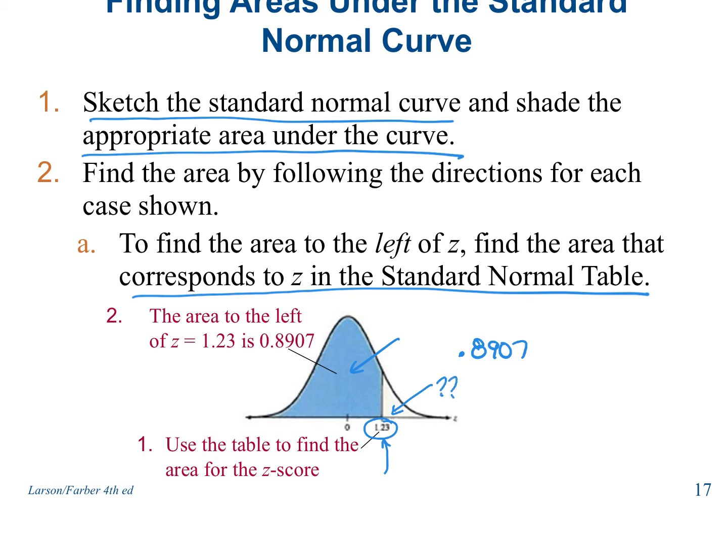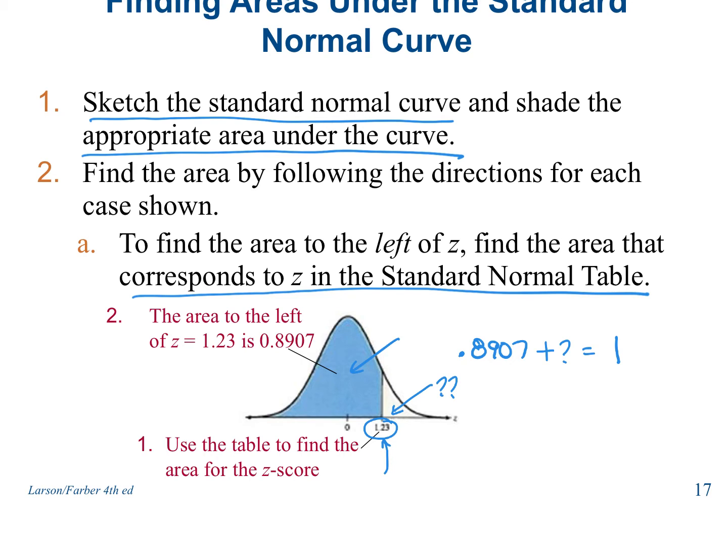Now, if I wanted to know the area to the right of that, in that white region, where I'm putting these question marks, I know that the area in blue plus the question mark has to total up to 1. The area to the left of a z-score plus the area to the right of the z-score has to total up to 100%, or 1 as a decimal.